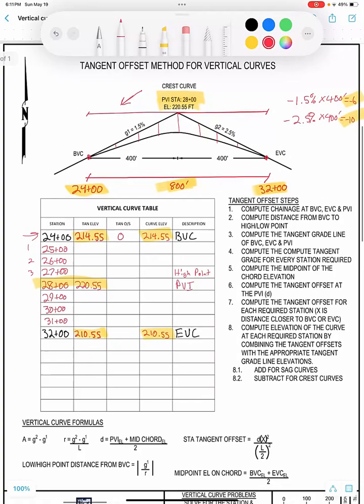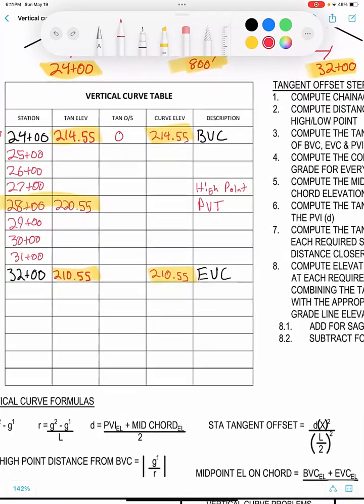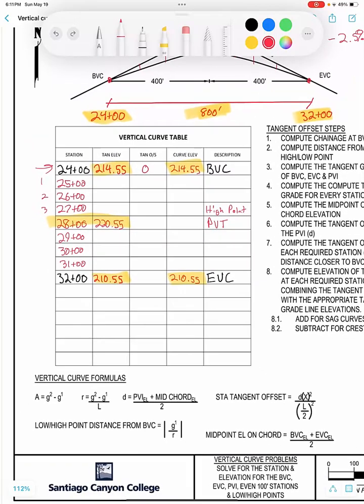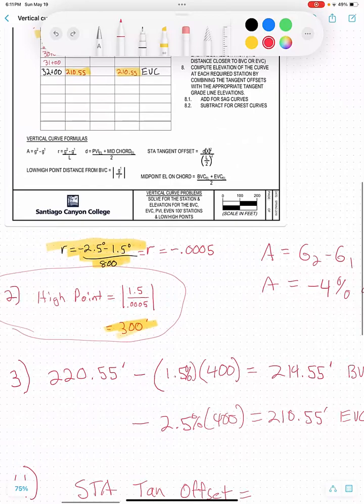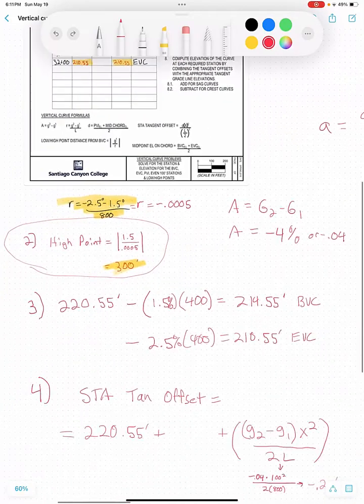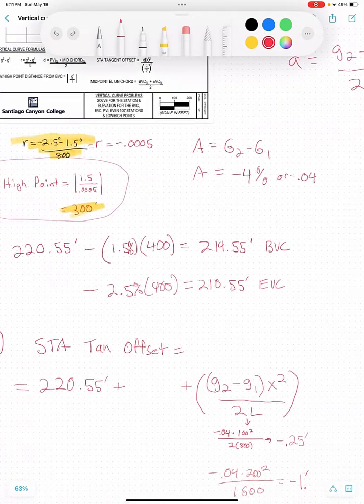I know this is my PVI because they tell me it's my PVI from right up here. Try not to junk this up too much. The first calculation is going to be pretty simple. All of them are derived from basically the same formula, and that's what it looks like in a calculator.